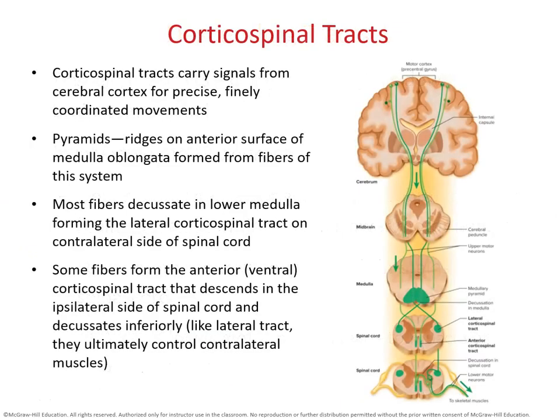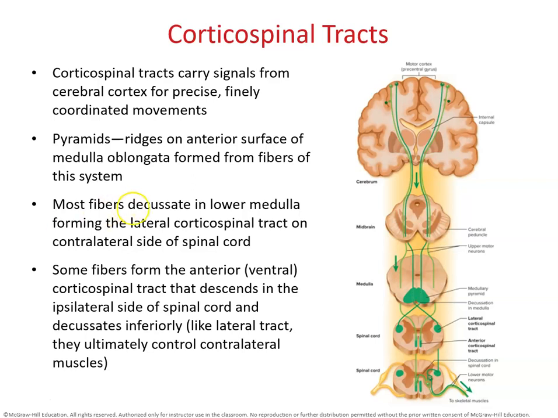So the corticospinal tract is one of these. The corticospinal tract is very important for precise, fine movements. Think like handwriting or sewing. So we have pyramid structures. These are ridges on the anterior surface of the medulla oblongata.